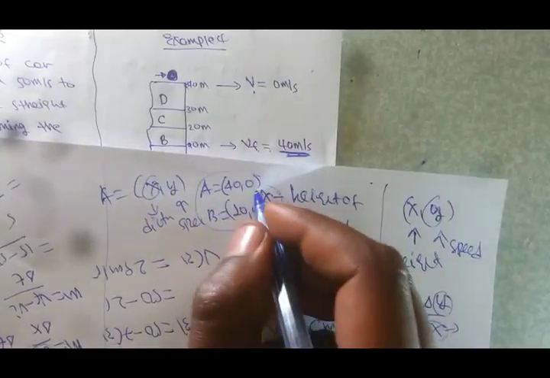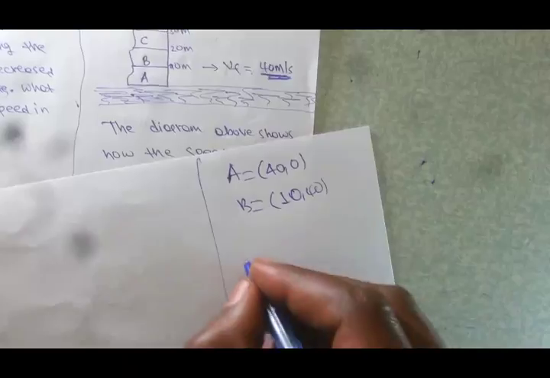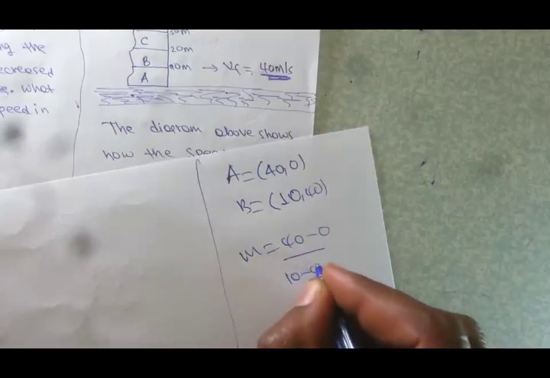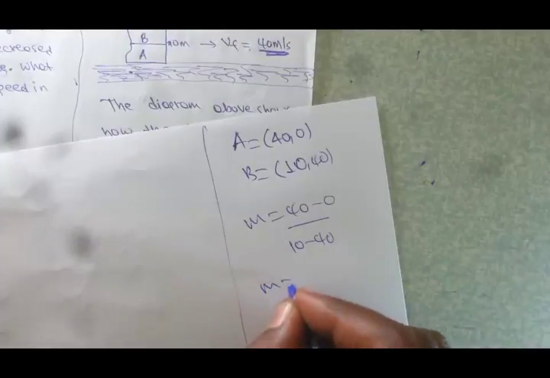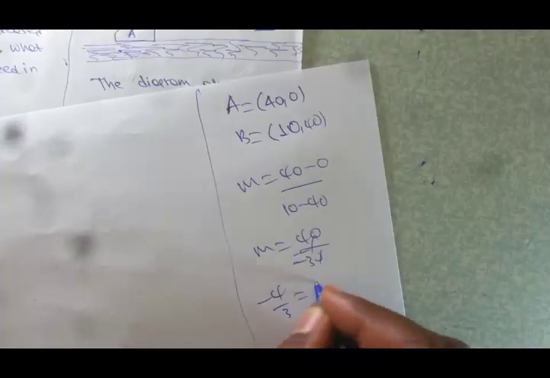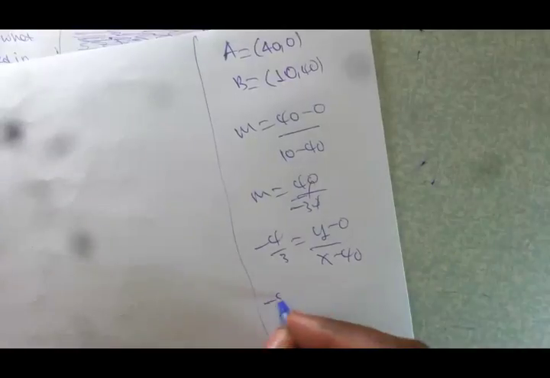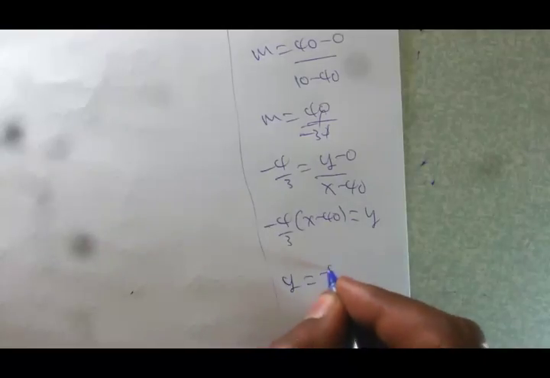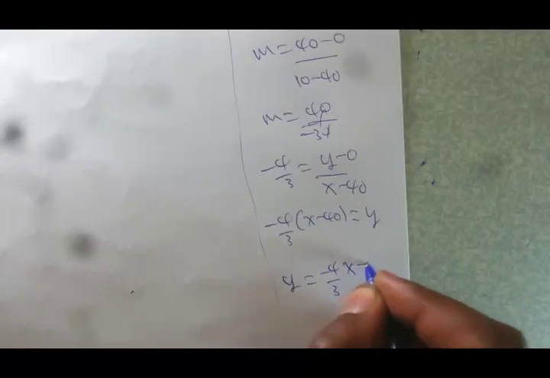So let's solve this. Therefore, m is equal to 40 minus 0 over 10 minus 40. Therefore, m is equal to 40 over minus 30. This is equal to minus 4 over 3, which is y minus 0 over x minus 40. Minus 4 over 3 times x minus 40 is equal to y. Therefore, y is equal to minus 4 over 3 x plus 160 over 3.